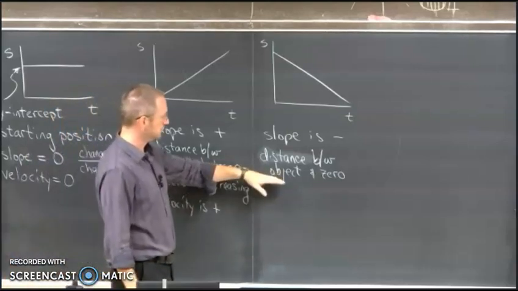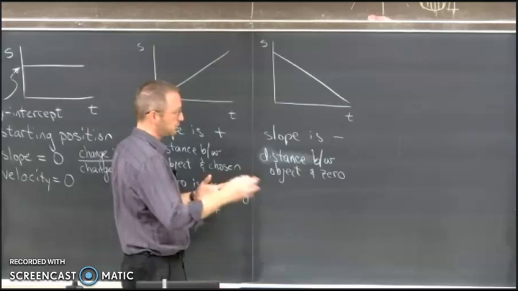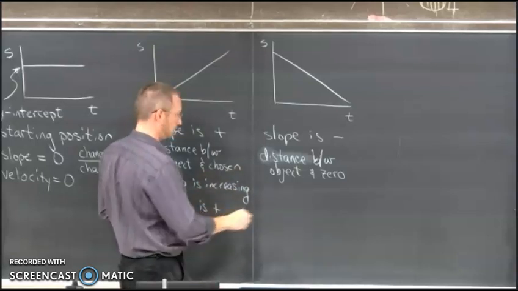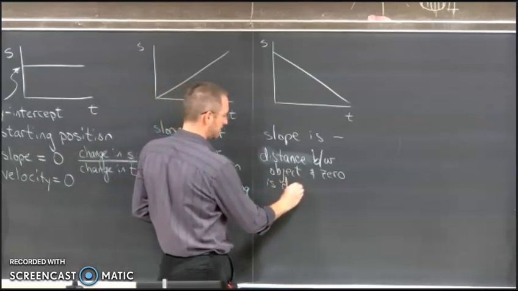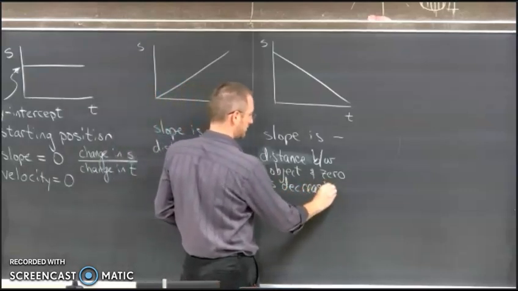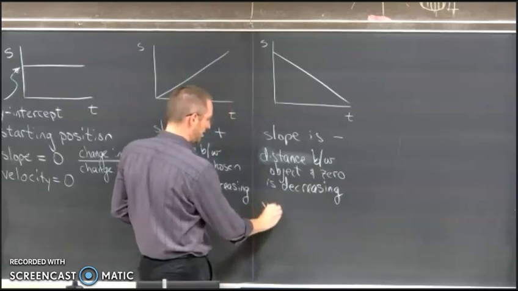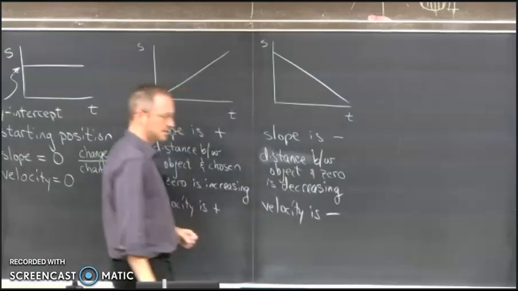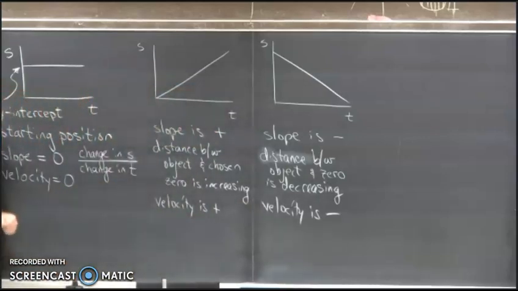So the distance between the object and the chosen place where we've decided that's where we're going to put the start of our tape measure, 0, is decreasing. And that means that the velocity is negative. Velocity is negative. And a negative for velocity just means I'm now moving in the opposite direction.